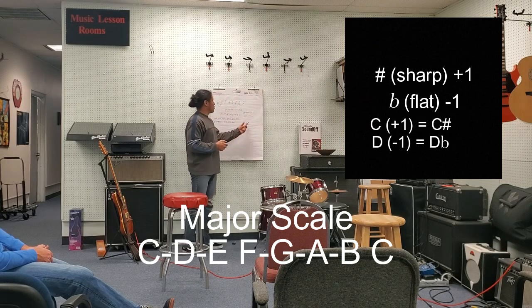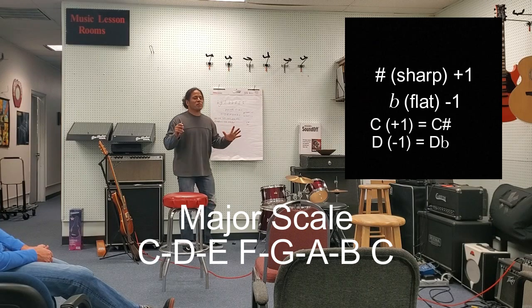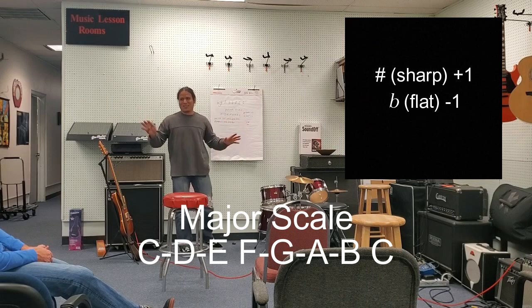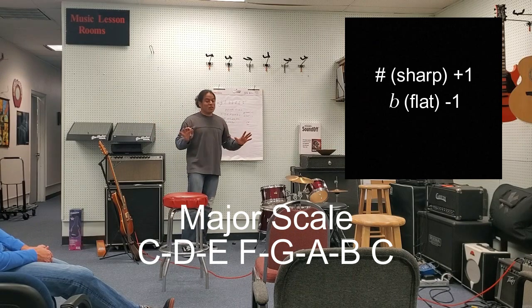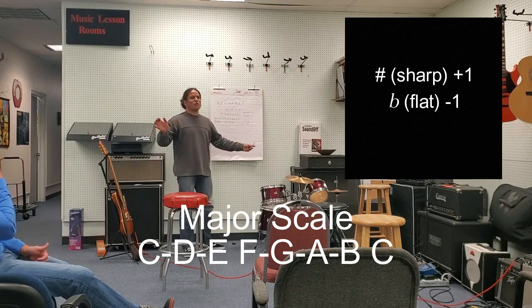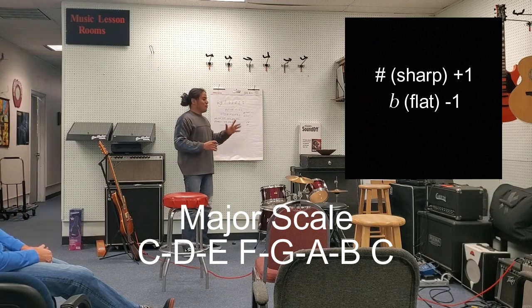And when I use one or the other, this is true in equal temperament. We're not going to talk about temperaments because things get complicated when we do that. So we're going to assume that equal temperament is the absolute truth. And once we understand equal temperament and how music theory works in that, then we can look at alternative views in music.